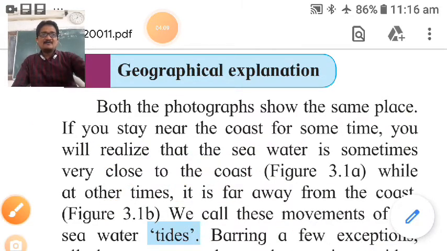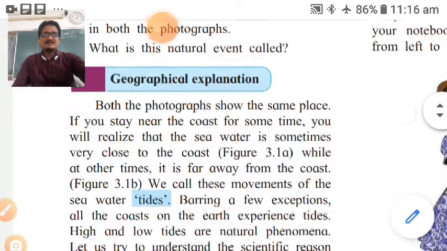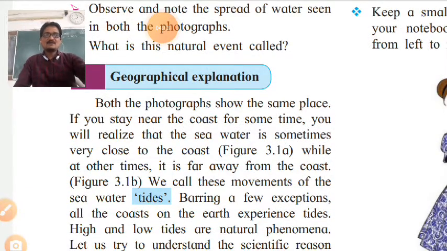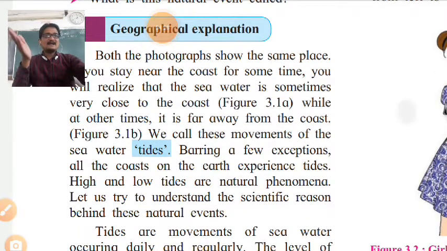So barring a few exceptions, all the coasts on the earth experience tides. On every coast in the world, we are able to experience tides. Then high and low tides. High and low tides means bharti ani ohoti.